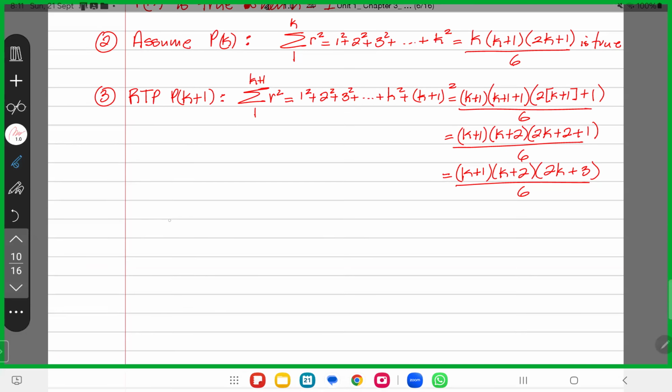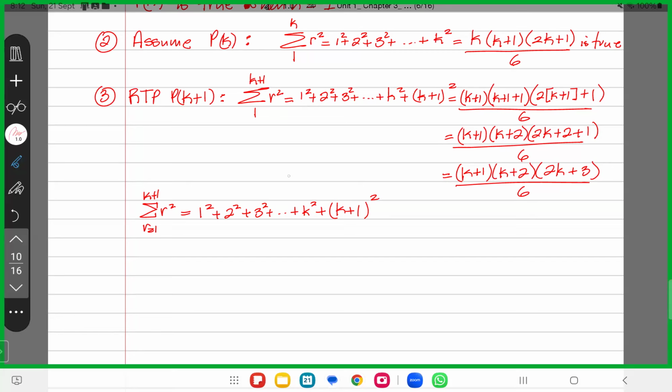The left-hand side is this: the sum from r equals 1 to k+1 of r squared, which is 1 squared plus 2 squared plus 3 squared, all the way up to k squared, then up to k+1 squared. 1 squared is the first term, 2 squared is the second term, 3 squared is the third term, k squared is the kth term, and (k+1) squared is the (k+1)th term.